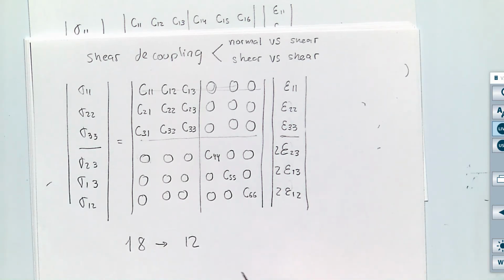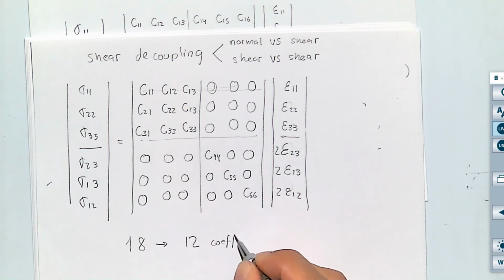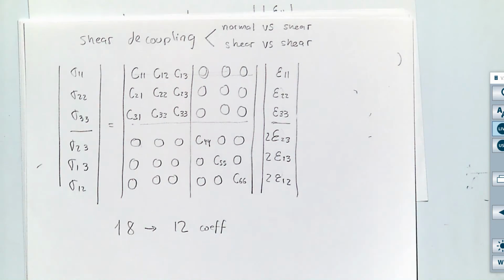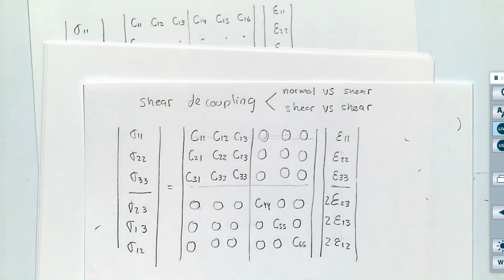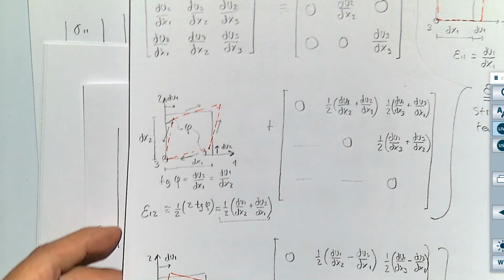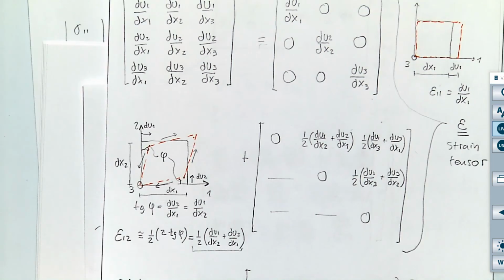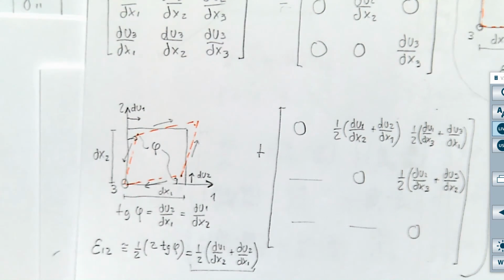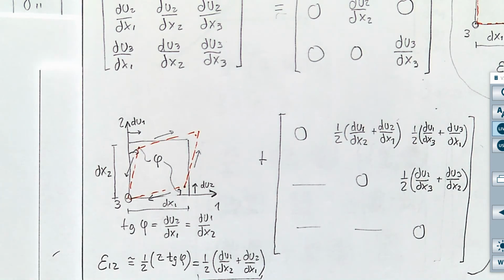Put that in terms of how you said, so you said a linear stress cannot produce a shear strain. Yes. And then you also said the application of a shear strain cannot produce a shear stress in a plane perpendicular to that. Yes. For example, in our derivation of the shear strain, here we have a shear strain in the plane 1, 2.